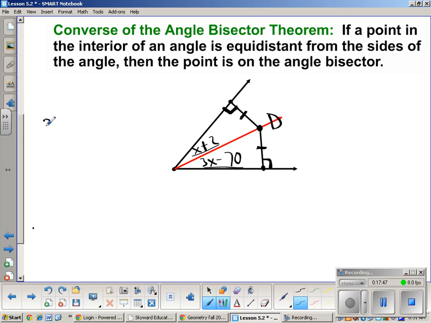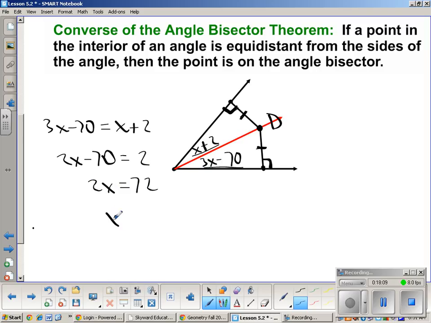So 3x minus 70 has to equal x plus 2. So if I subtract x from both sides, I get 2x minus 70 is equal to 2. And if I add 70 to both sides, 2x is equal to 72. Divide, x is equal to 36.